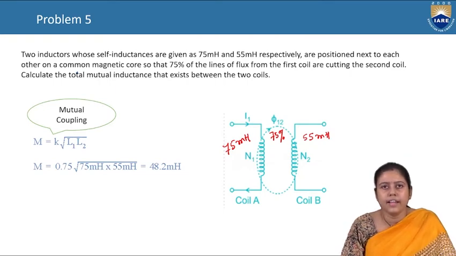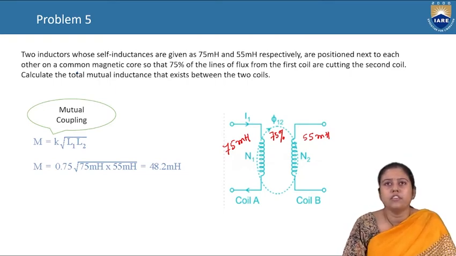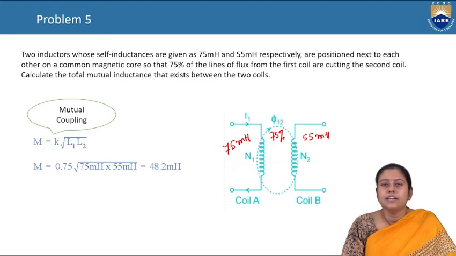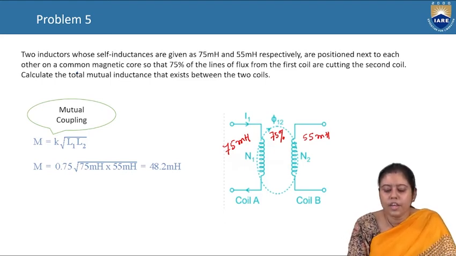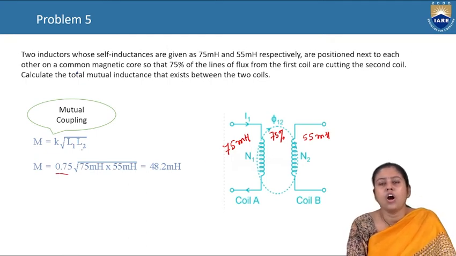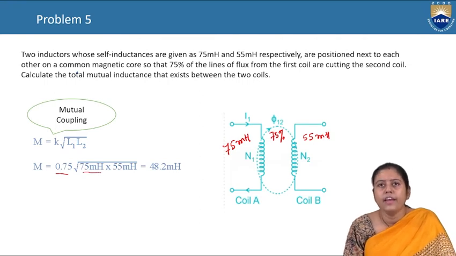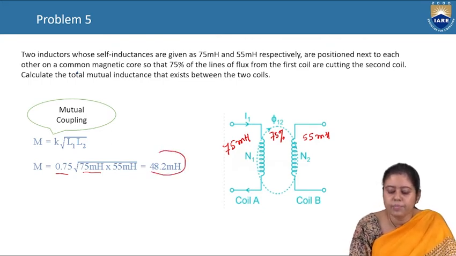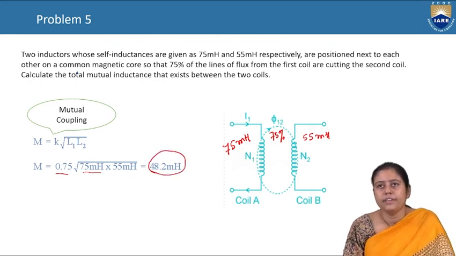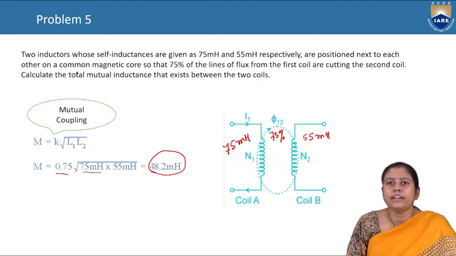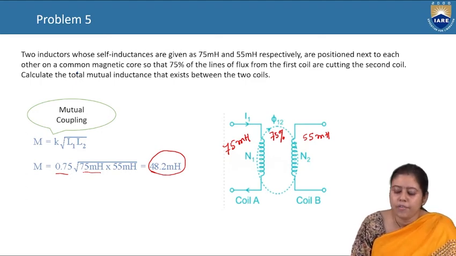So 75% of the flux is linking the second coil. If we put in the value, 0.75 square root of L1 L2, so 75 millihenry into 55 millihenry, we get the value 48.2 millihenry. So the mutual inductance is 48.2 millihenry.